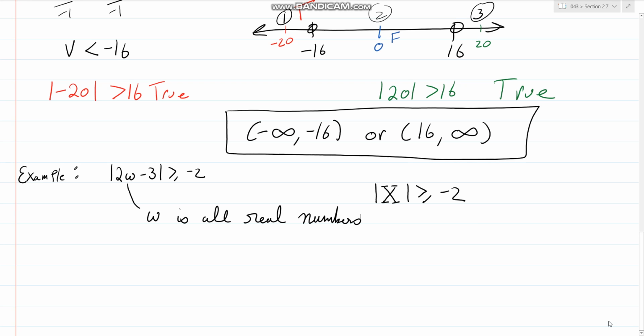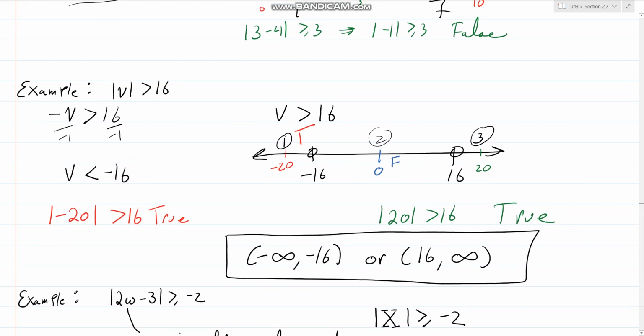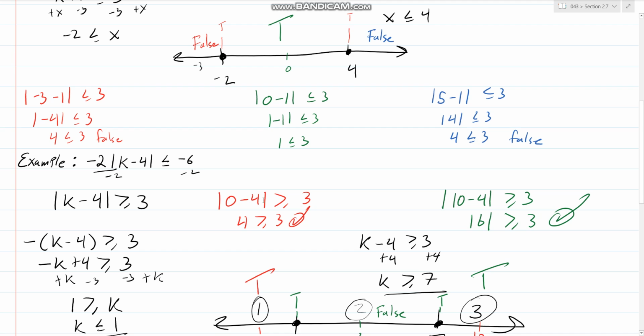Now you can do the algebra and you'll find the same thing, but I don't want to drag you through that. It's better to just by inspection see that that's going to happen. Now, previously, I showed you an example up here, and I'll get rid of some of our work so you can see it more clearly. Here, you had -2 times absolute value is less than or equal to -6.